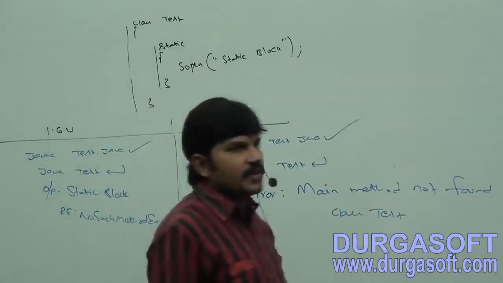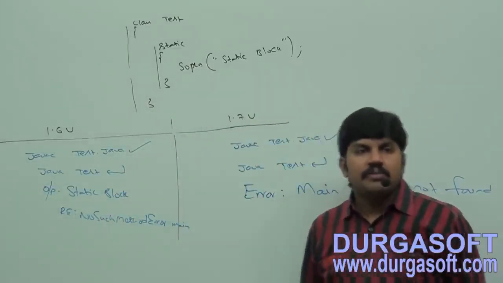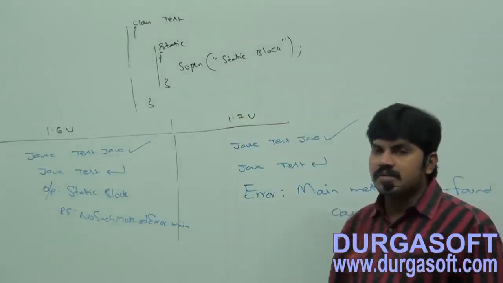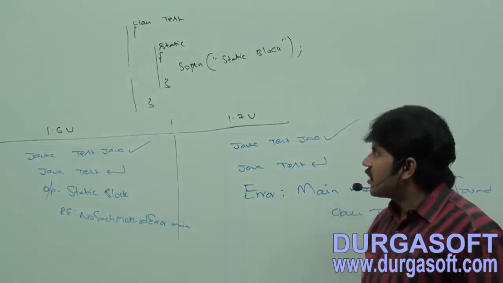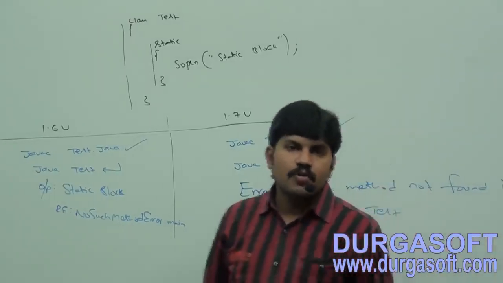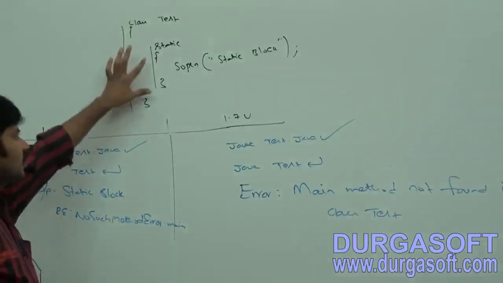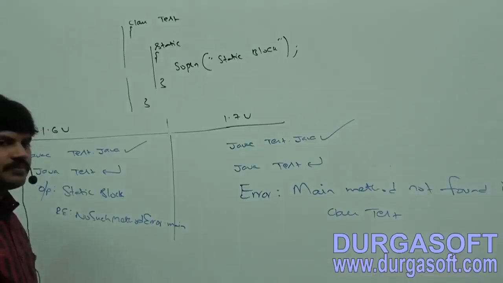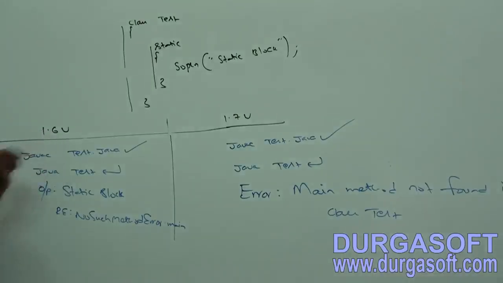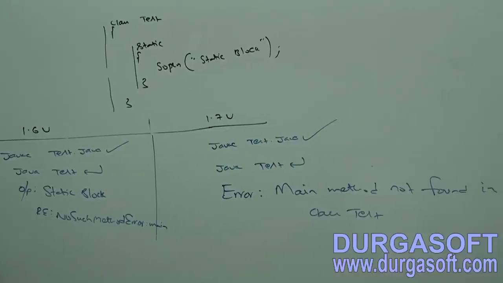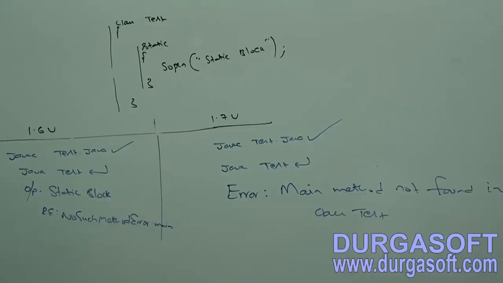From the 1.7 version onwards, the main method is mandatory to start program execution. Take this one: class Test, with a static block containing the SOP of static block. In the 1.6 version, javac Test.java is valid, then java Test. What is the output?